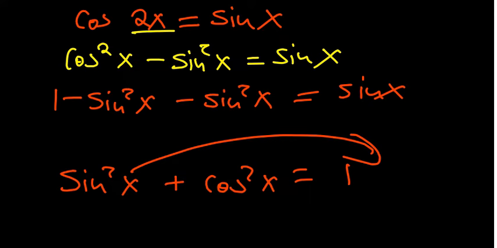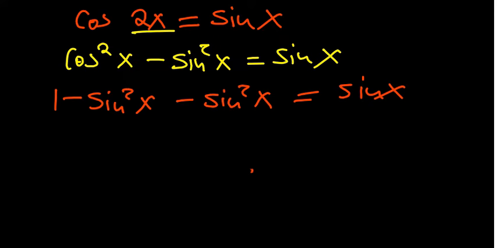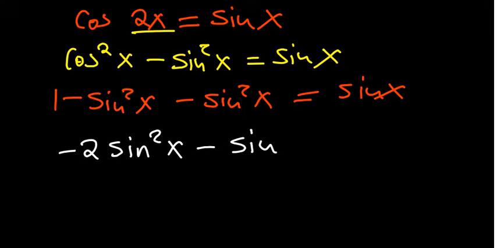So I'm just using identities now to simplify this equation. At this point, I can see we have now negative 2 sine squared of x. And then if sine x goes the other side, it becomes negative sine x, and then plus the 1 equal to 0. So we've now come up with a quadratic equation.